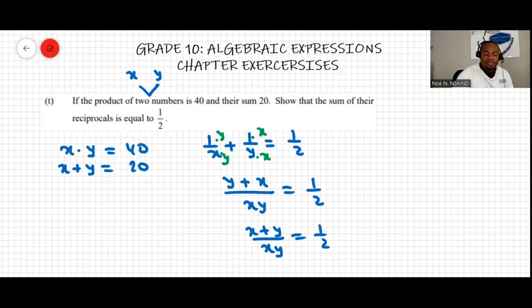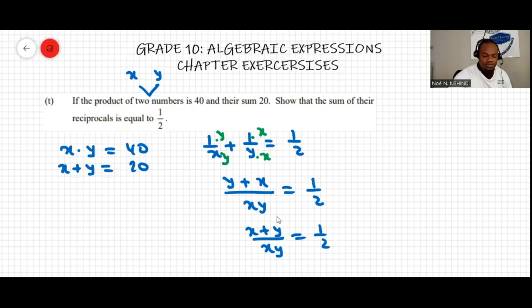Now let's see. First of all, we had x times y equal to 40, and x plus y equal to 20. The product here is equal to 40, so I substitute 40 there, and the sum here is equal to 20.